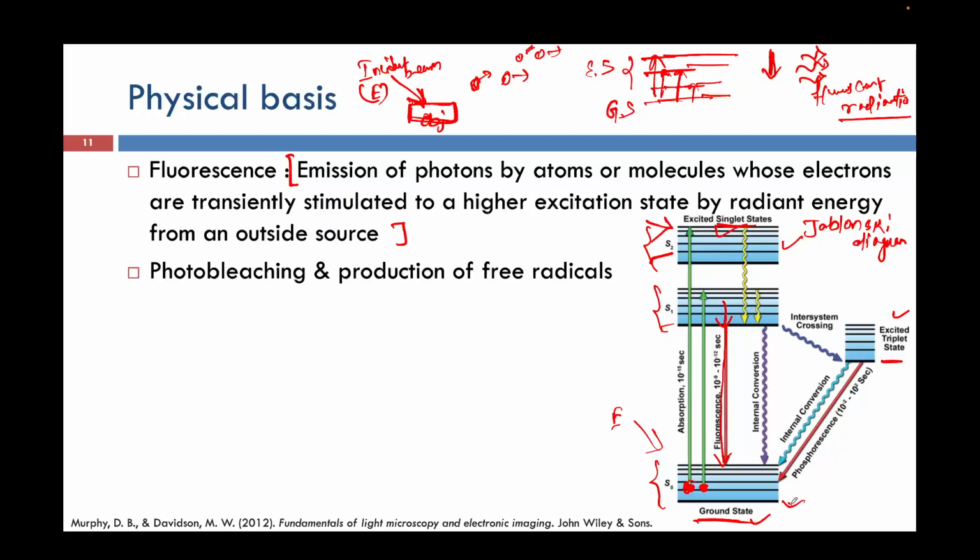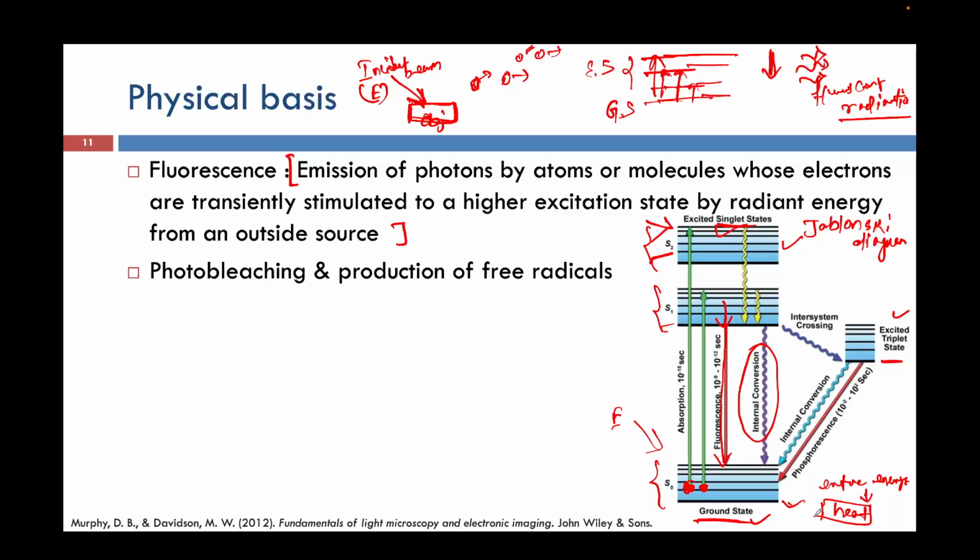Why? Because sometimes internal conversion also happens. What does that internal conversion mean? Sometimes this extra energy may go from the system in the form of heat. If it is going from the system in the form of heat, then we cannot catch it, right? Because we want some sort of radiation.